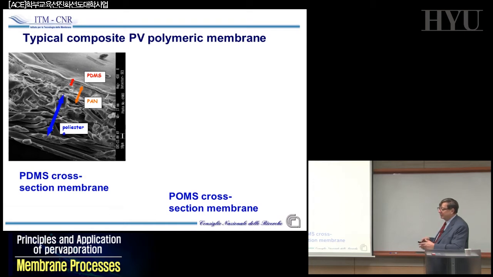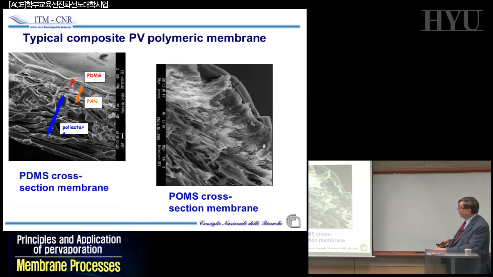Polyacrylonitrile is utilized for giving some mechanical properties and some better performance, but the real control, the hydrophobic character, is given by a very thin coating of PDMS on the membrane surface. That's why a composite system is the one typically utilized. And that's the same, the cross-section where you can see all the different layers.